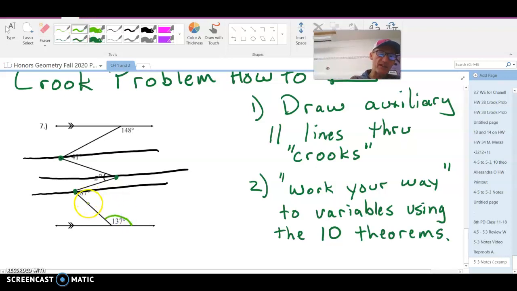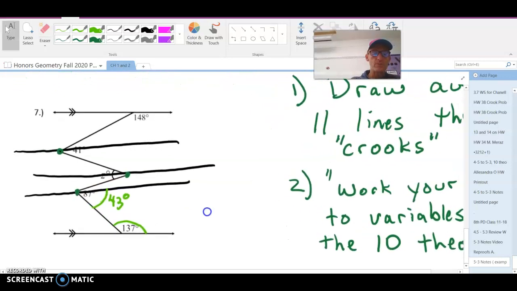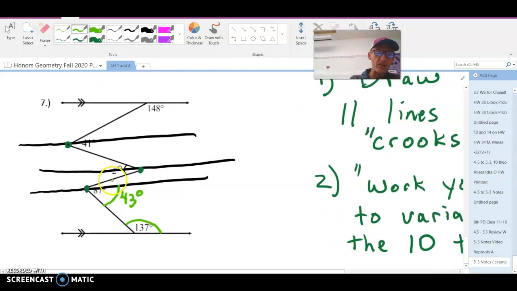Now I know that this angle and this angle are same side interior. And if the lines are parallel, the same side interior angles are supplementary. So this angle is 43 degrees. Now, this angle here, 43 plus this angle make up 87, okay?